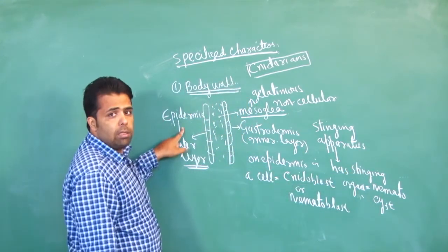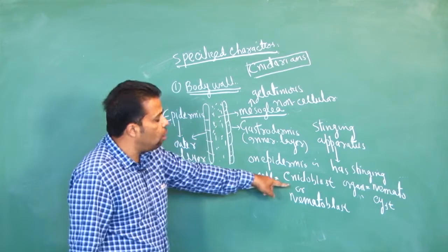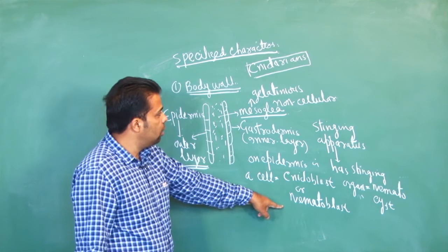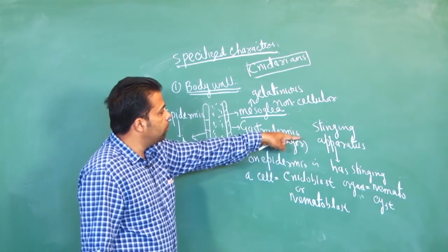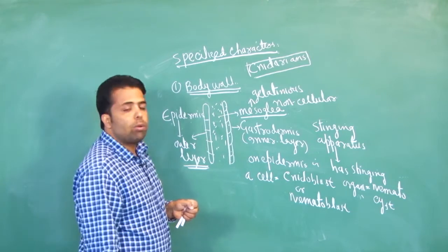So on the epidermis, there is a stinging cell. That cell is called cnidoblast or nematoblast. This cnidoblast has a stinging organ called nematocyst.